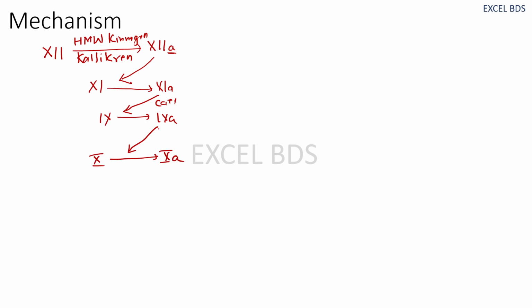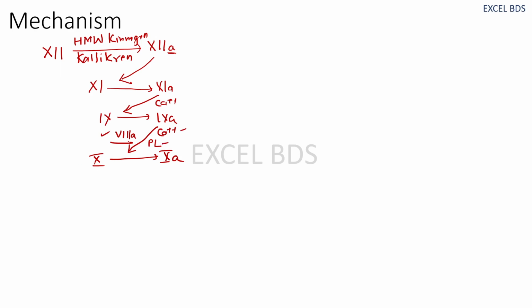Remember, for this step we need calcium. We also need the presence of phospholipids, which are produced from the platelets. Not only that, we also require activated factor 8. So three things are required: factor 8, calcium, and the phospholipids.